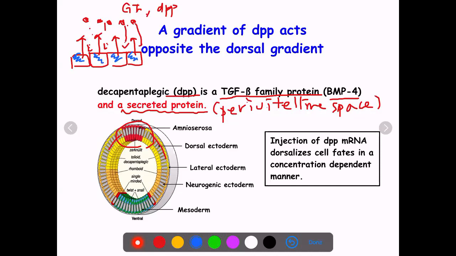It's a similar thing to what we call an autocrine signal, like you know, self-stimulating. So the bottom line is dorsal cells in the dorsal area produce DPP, and then DPP is coming back to them again and turning them into a dorsal structure.